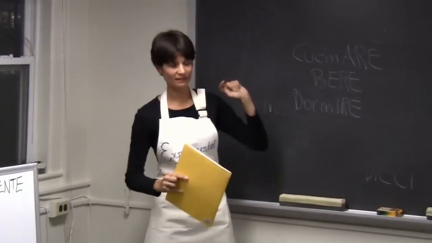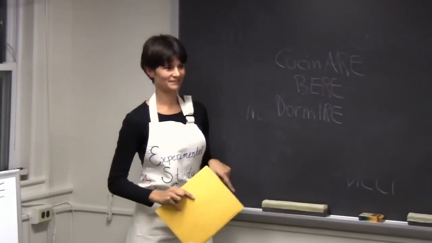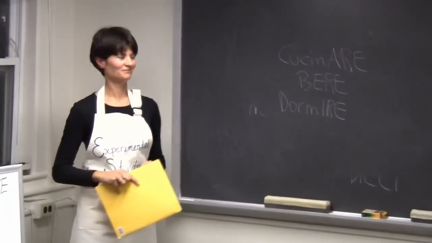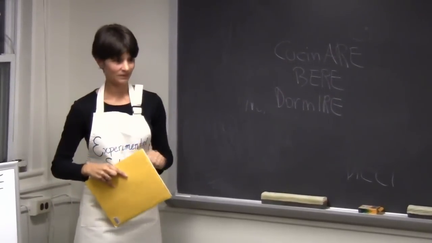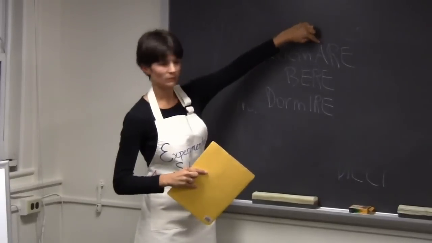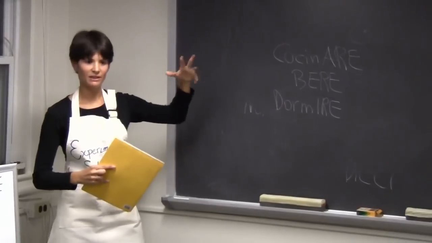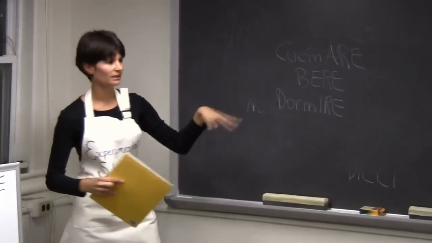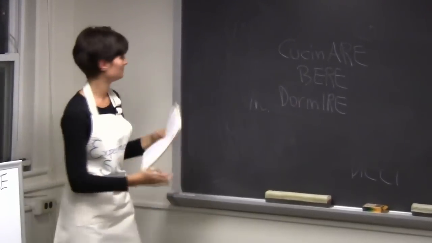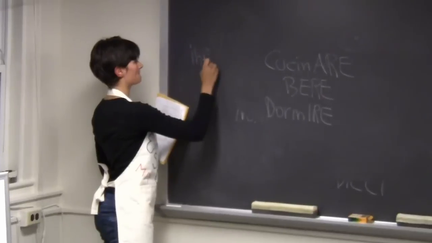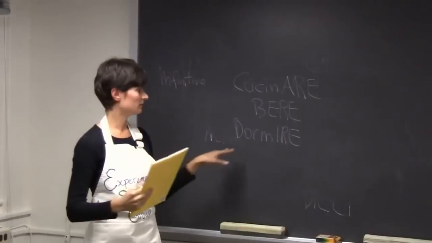So are, ere, ire. Dormire. Cucinare. Bere. Dormire. So verbs that end with are, they will conjugate like the verb cucinare. Verbs that end with ere, they conjugate like bere. Verbs that end in ire, this is the infinitive, they will conjugate like the verb dormire.